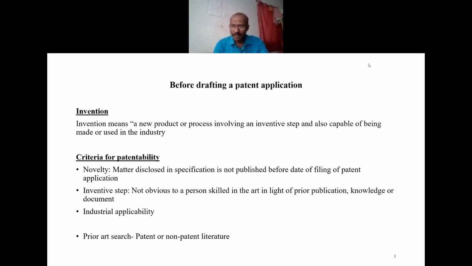So the second criteria is inventive step. The invention should not be obvious to a person skilled in the art in light of prior publication, knowledge, or document.